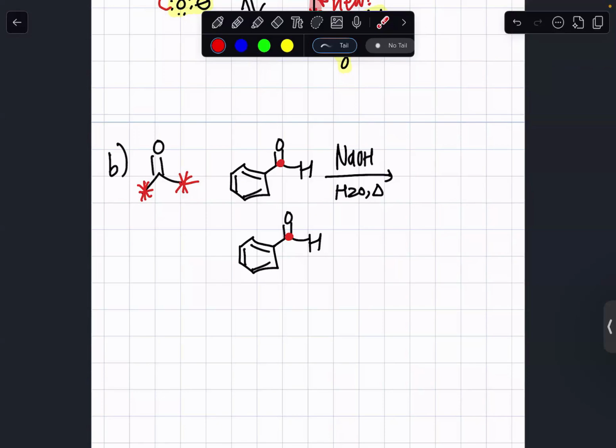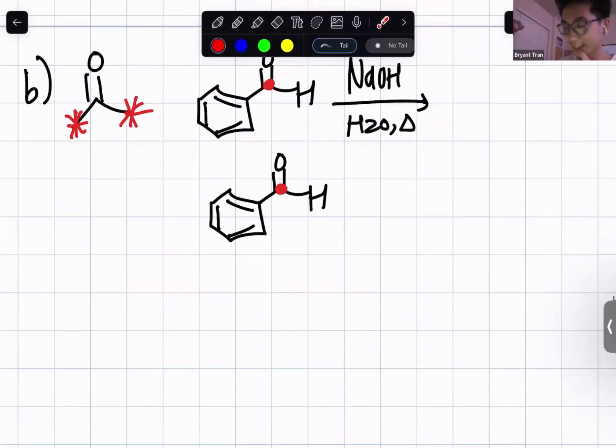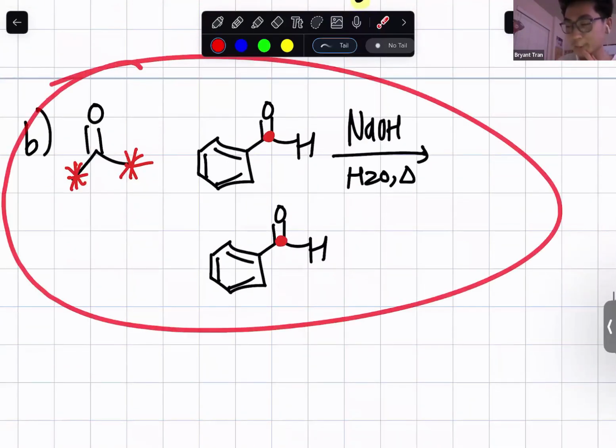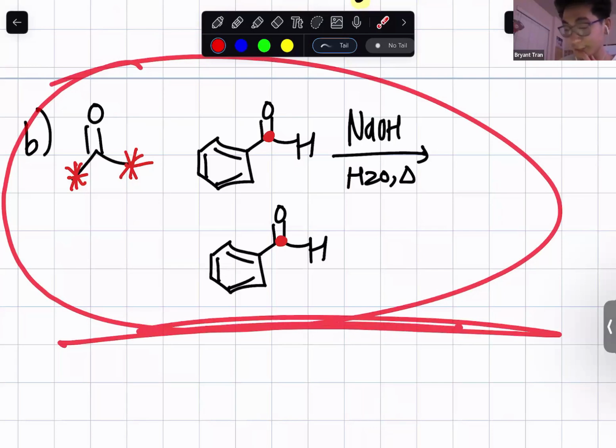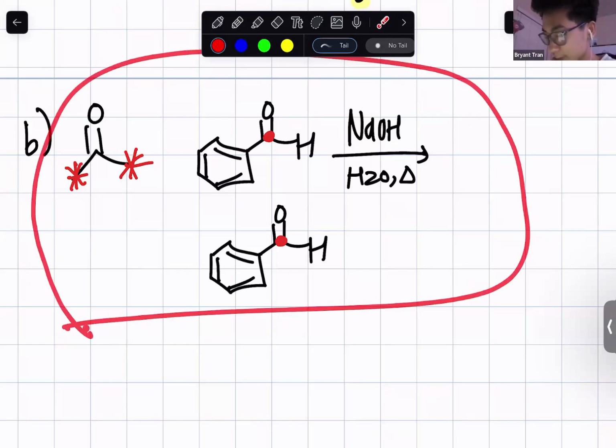What is the last thing you're learning for aldehydes and ketones? I have no idea. Nomenclature or something like that. So this right here is what you're going to be seeing very soon, after midterm 3, after the benzene stuff.